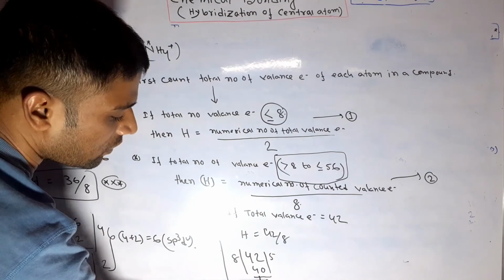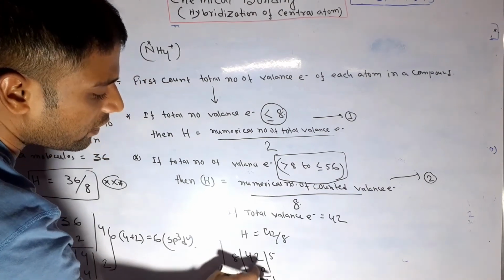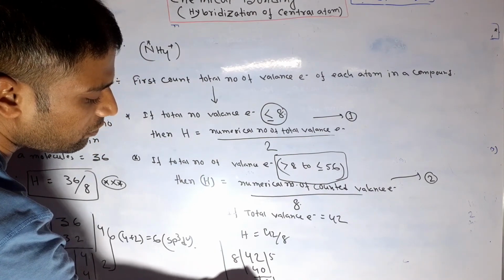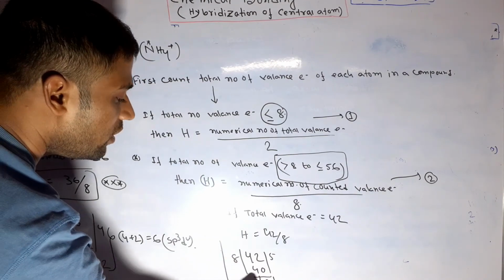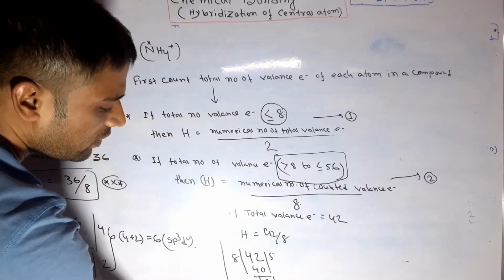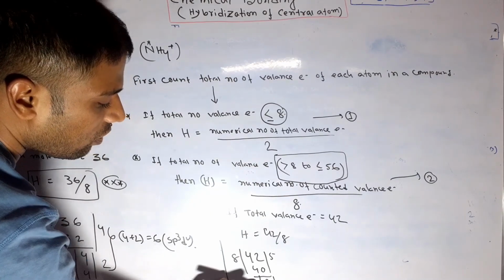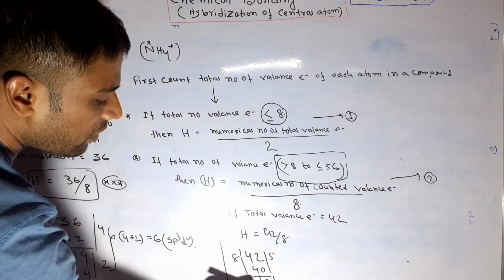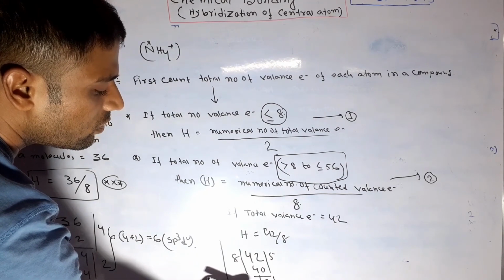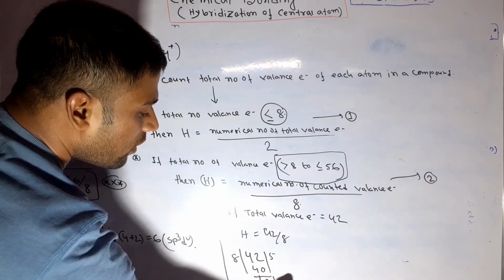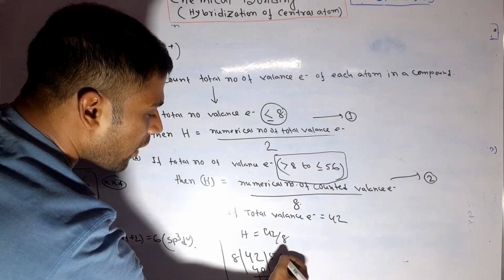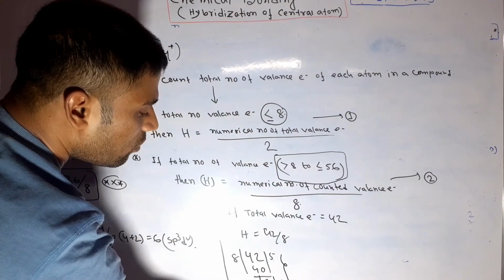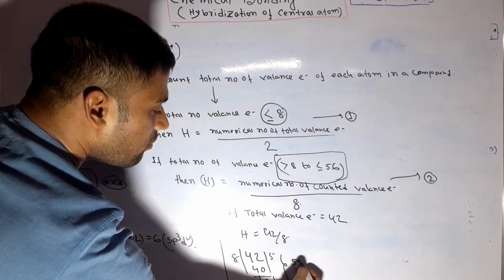We again remind you that the remaining portion is always divided only by 2. So 2 divided by 2 is 1. The final result is 5 plus 1, that is 6.